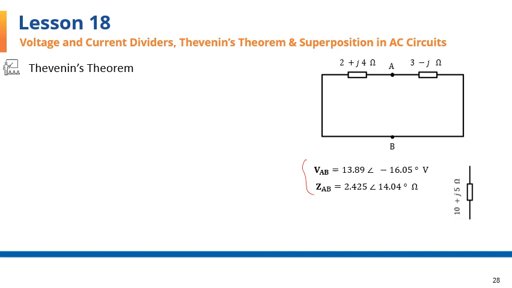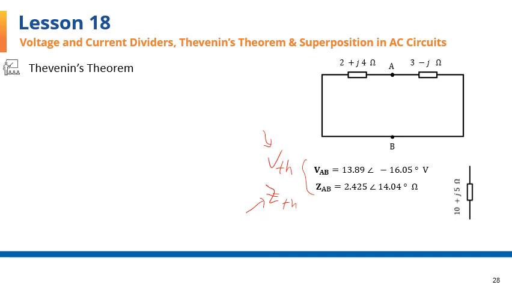We'll rename VAB to VTH, TH for Thevenin, and ZAB to ZTH again for Thevenin. This one is the Thevenin equivalent voltage source, and this one is called Thevenin equivalent impedance.